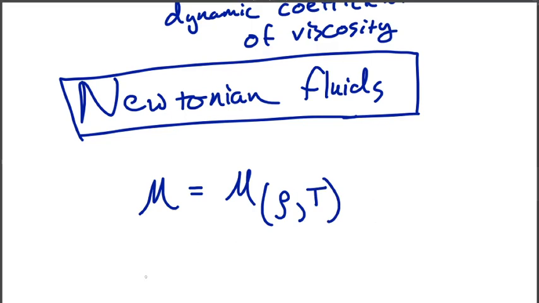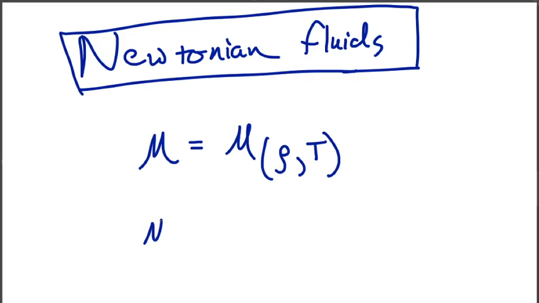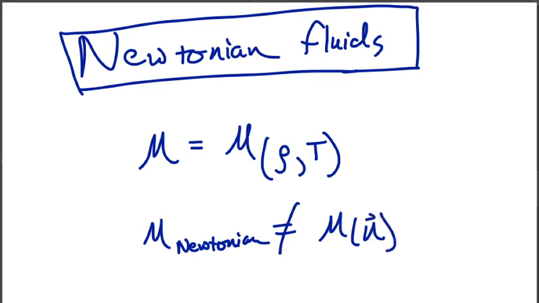And for example, the coefficient of viscosity in a Newtonian fluid is not a function of the velocity field of the fluid itself. It only depends on the thermodynamics, rho and T, if it is a Newtonian fluid.